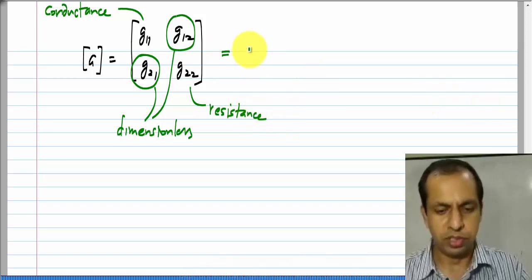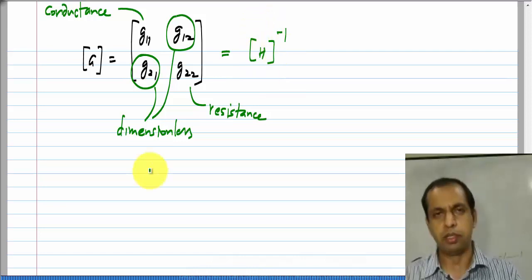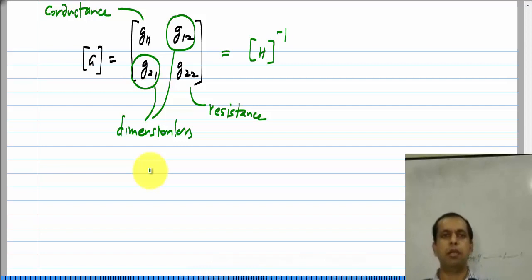And from the definitions, it must be obvious that this is the inverse of the H parameter matrix. Z and Y are inverses of each other and G and H are inverses of each other.